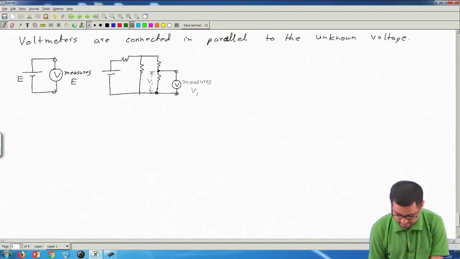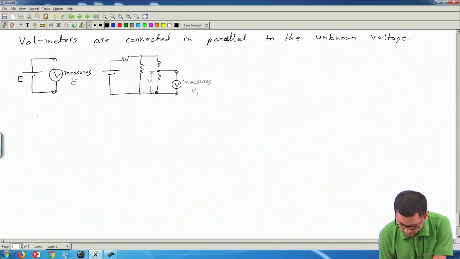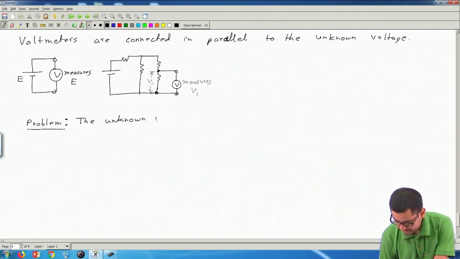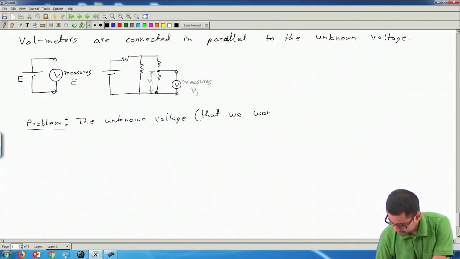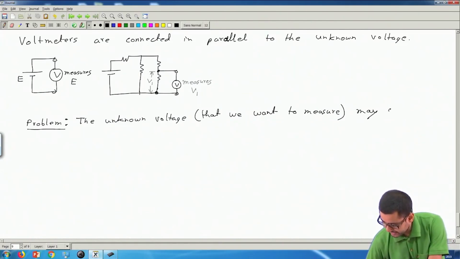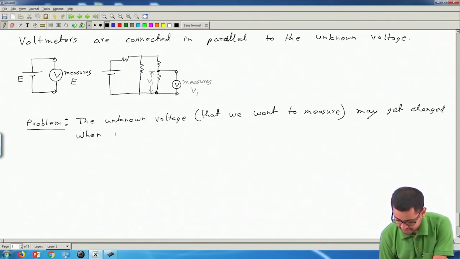Now, there is a problem. What is that problem? The problem is that the unknown voltage that we want to measure may get changed when we connect a voltmeter across it.